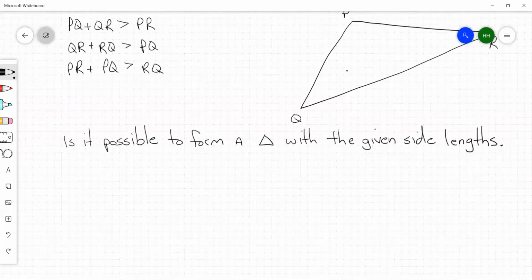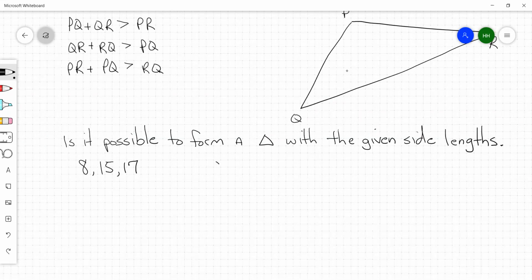And then you're going to be given side lengths. So let's say that you're given 8, 15, and 17. And you're asked, is it possible to form a triangle?